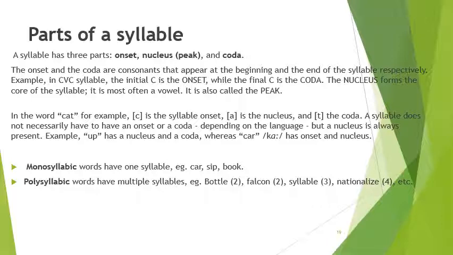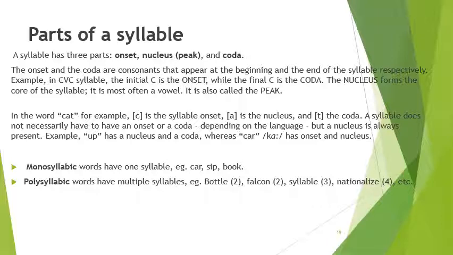The nucleus forms the core of the syllable. It is often a vowel. It is called thick. And remember, in our previous discussion, we said that the most important part of a syllable is the nucleus, or the vowel sound. The vowel sound is called the nucleus, or is also called thick. It is the most important part of a syllable; you can't have a syllable without a thick or nucleus.